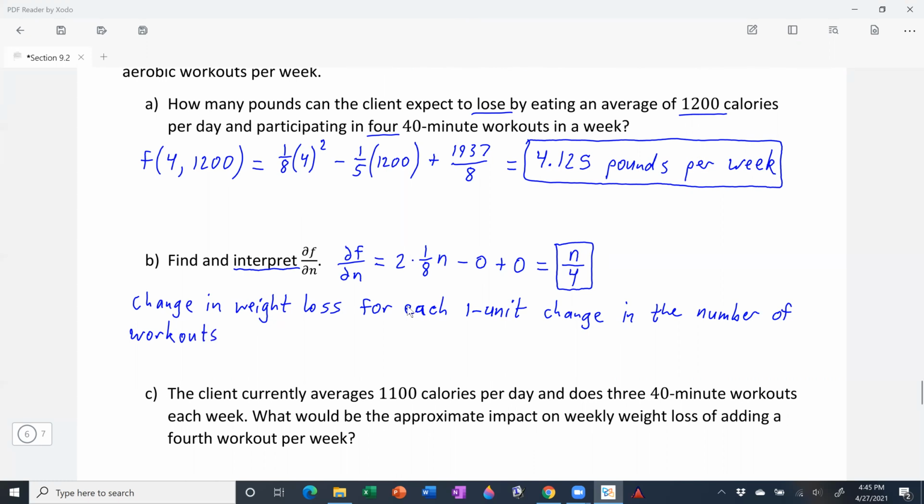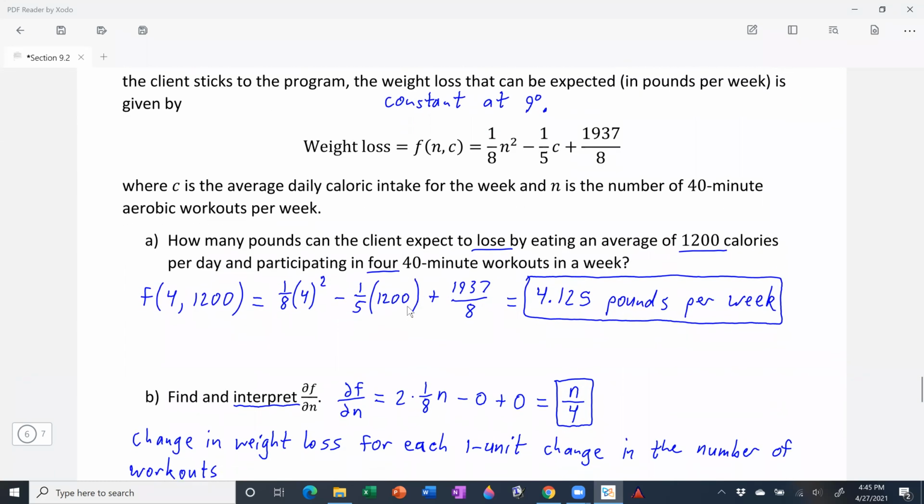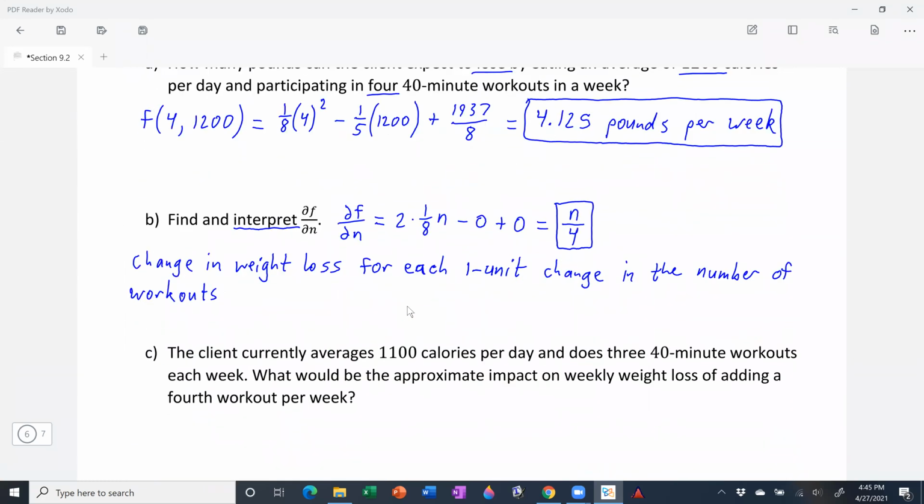Okay, so I said the units are just one at a time. It's different than the power plants, where some of the units could have been in the hundreds or something. So for each additional workout, we can expect that the amount of weight loss would change by that much. And since we're doing the partial with respect to N, we're assuming the calorie intake is constant.